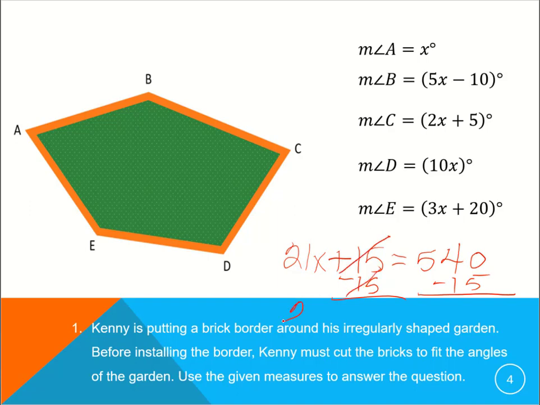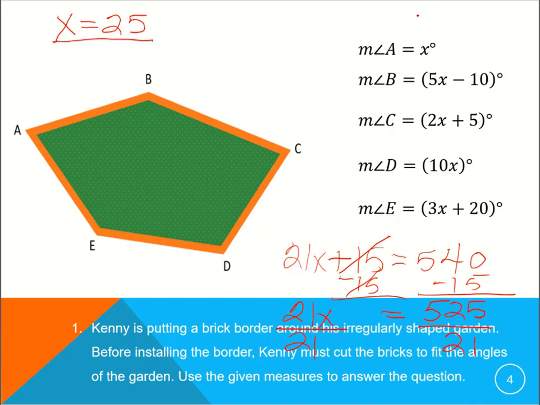Bring down your 21x. 540 minus 15 is 525. And then divide both sides by 21. 525 divided by 21 gives me x equals 25.